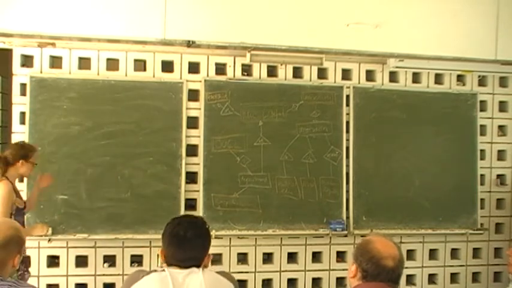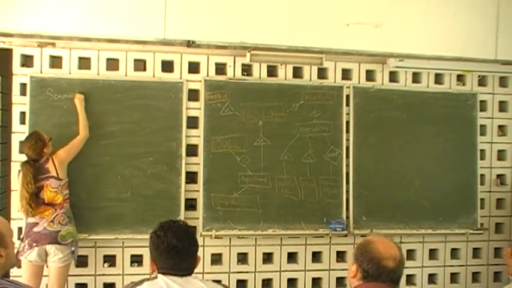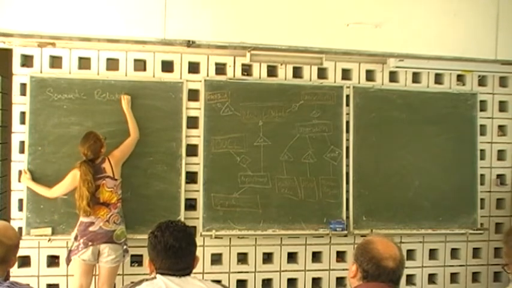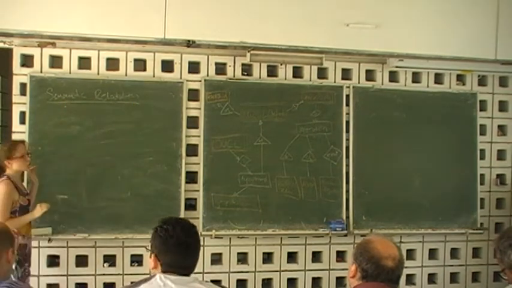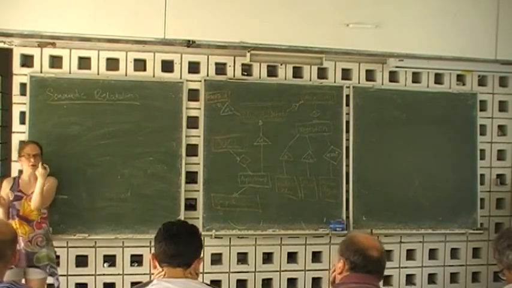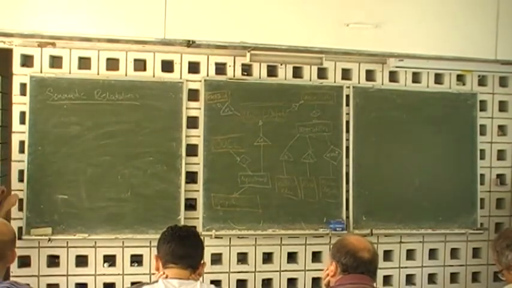Semantic relatedness is actually quite a simple thing to grasp. I give you three word pairs, and I ask you to judge how similar the two words in the word pair are, and give it a score out of 10.